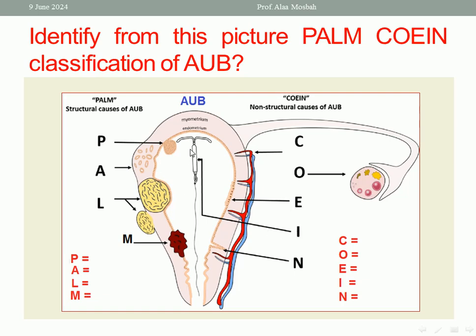I for iatrogenic as an IUD here, N non-specific, or non-identified. Some put the deficient scar after cesarean in non-identified causes, by the way. Okay? This is the first station.